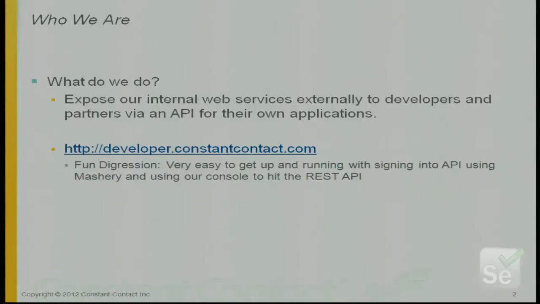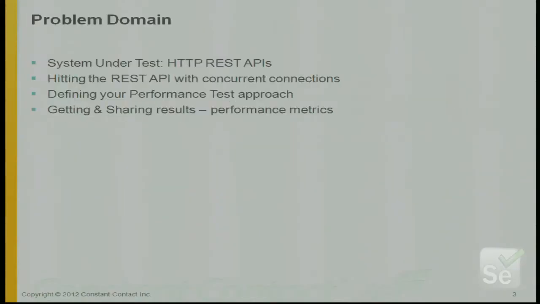We'll have more digressions. So the problem domain here is that we're testing HTTP REST APIs. We're going to talk about hitting the REST APIs with concurrent connections. This is what happens in your production environments, either GUI clients or third-party apps or partners.